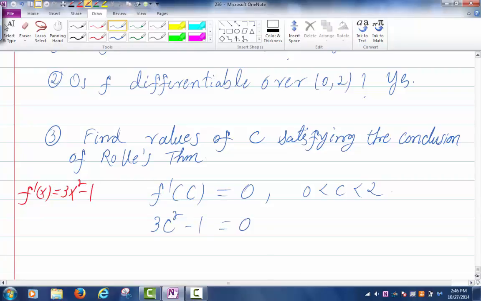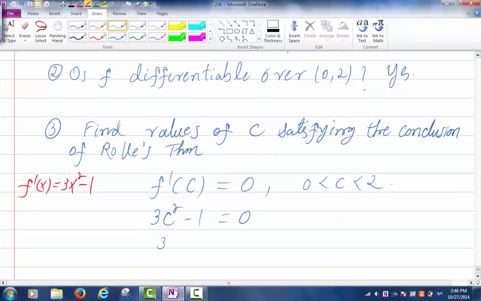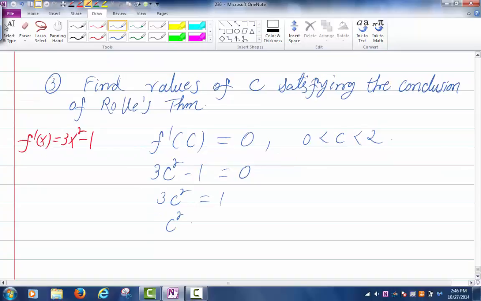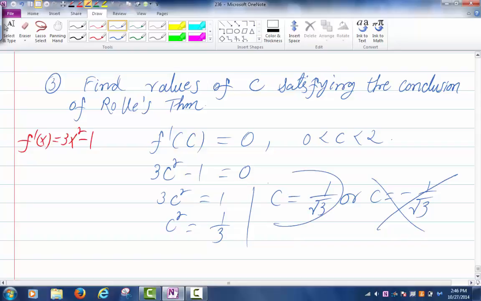And I want that to be 0. And then that would mean 3c squared is 1. That would mean c squared is 1/3. And that would mean c is either 1 over root 3 or negative 1 over root 3. But negative 1 over root 3 is not a possibility because it's not between 0 and 2. So this is the only place in that interval where the derivative is 0.